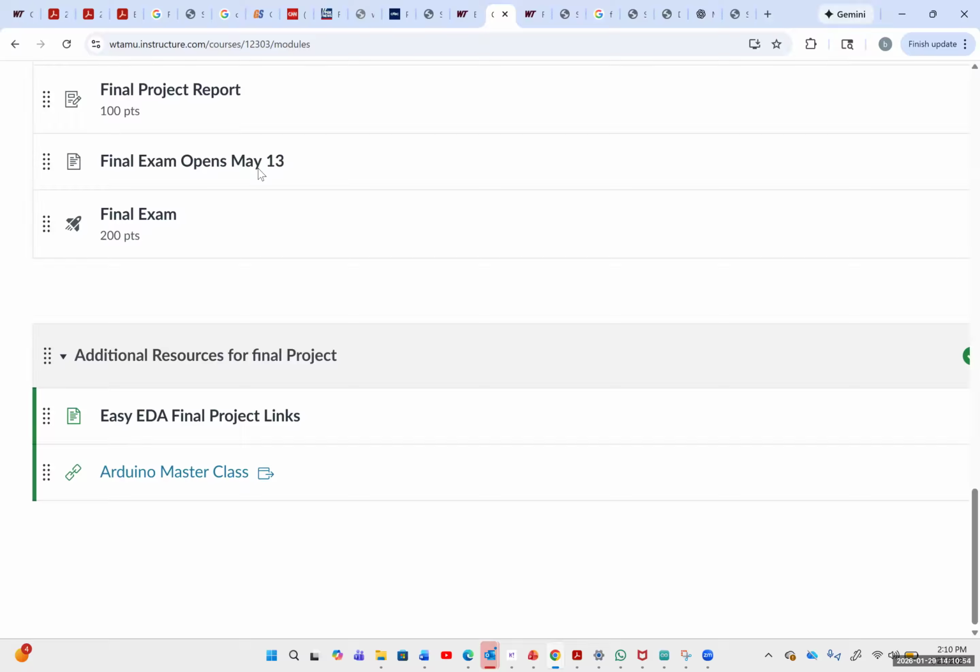EasyEDA is a free, web-based website. You don't have to install anything, though you can also install it on your computer. It has a step-by-step tutorial on how to do a PCB board. It's also connected to JLCPCB, a company where, after you're done, it creates a Gerber file and you can send it directly there. The first few PCBs that you print are free; they just charge you a shipping cost.